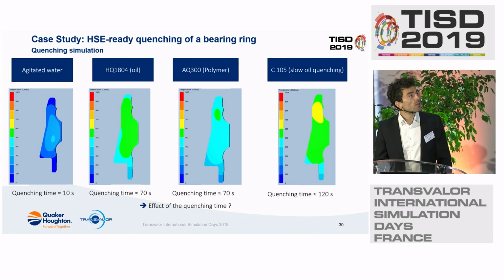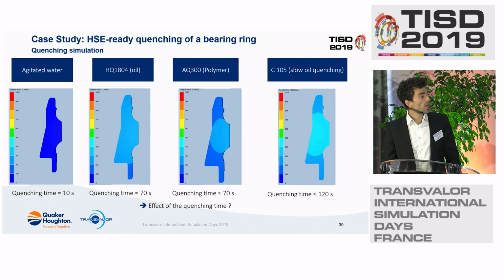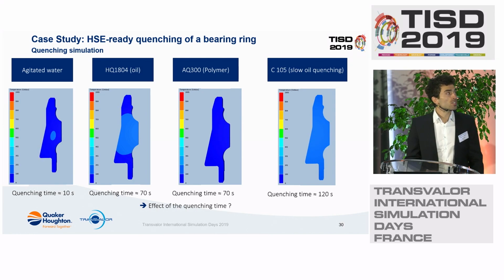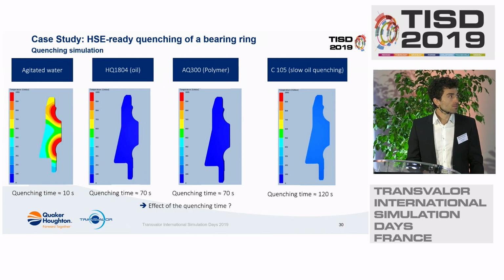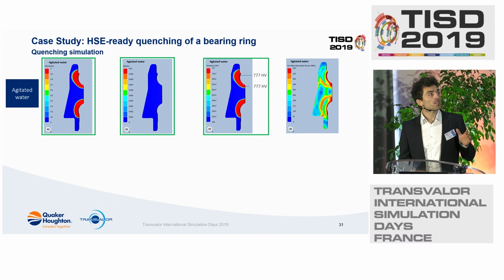We can compare this solution with the extreme quenchants. We have 10-second quenching time for agitated water, and more than 2 minutes for slow speed oil. So this will have a big impact on the microstructure.